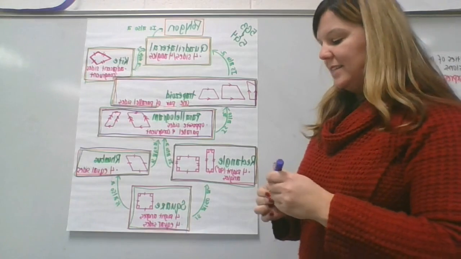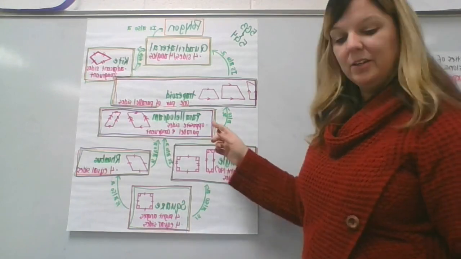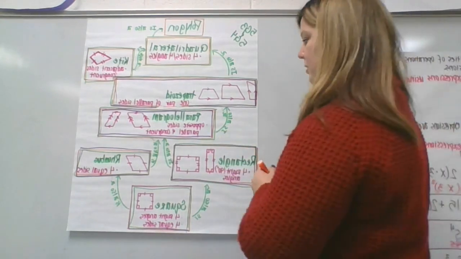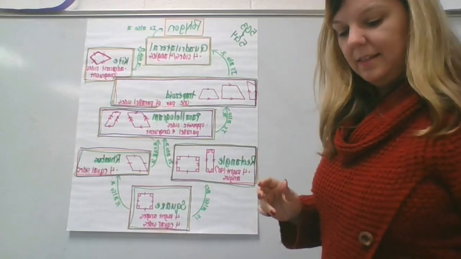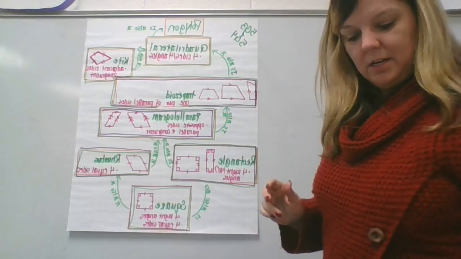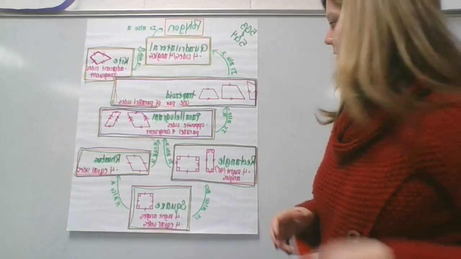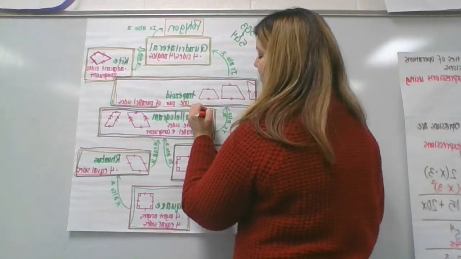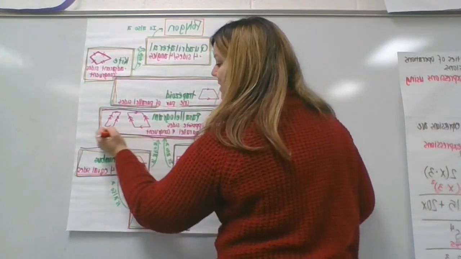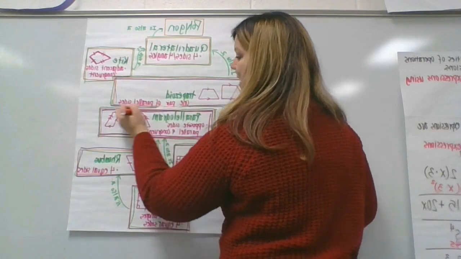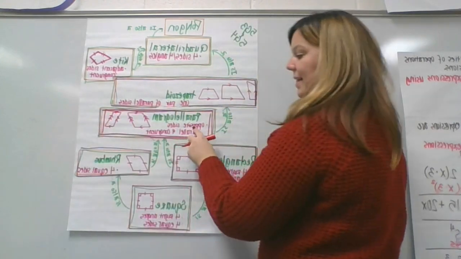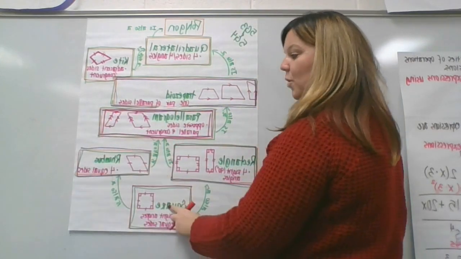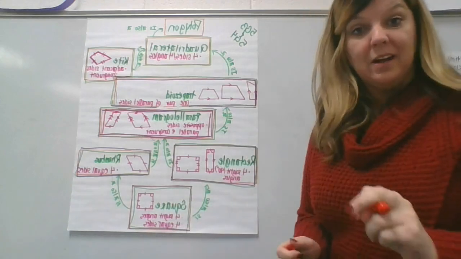Okay, moving right on down to our parallelograms, let's make those orange. Oh, we already did orange, just kidding. Let's make it red. So parallelograms are red. They have two sets of parallel sides. Everything under the parallelogram is going to have two sets of parallel sides.